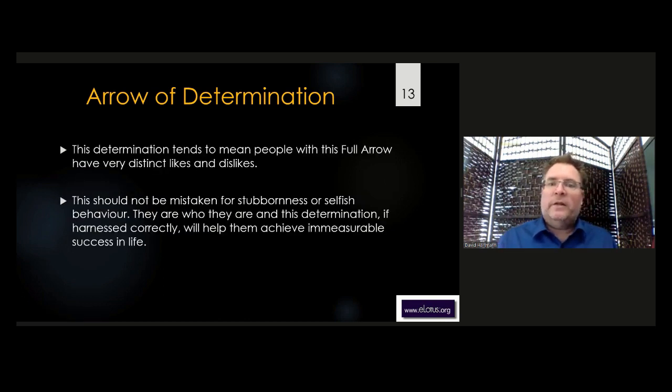So it tends to mean that this person will likely have some distinct likes and dislikes. It's not necessarily to be mistaken for stubbornness or selfish behavior. They are who they are. And this determination, if harnessed correctly, will help them achieve a measurable success in life. You know, watch them go.